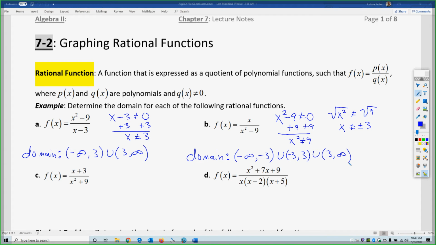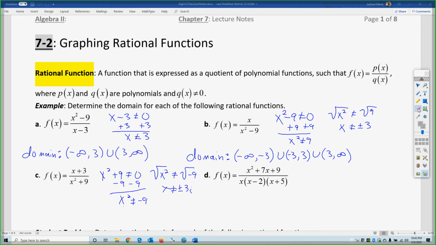All right, next one. x squared plus 9 cannot be 0. So if I subtract 9, x squared cannot be negative 9. If I square root, x cannot be plus or minus 3i.